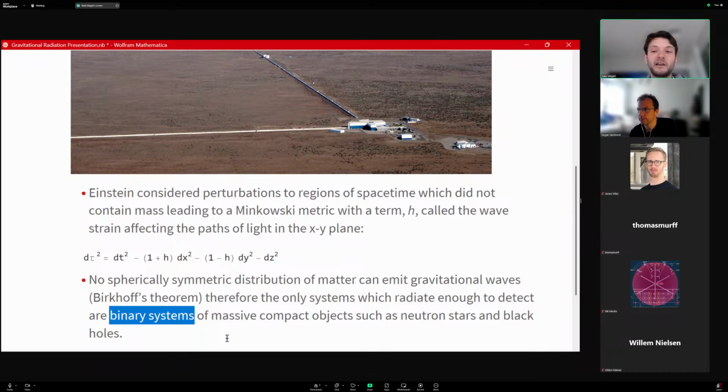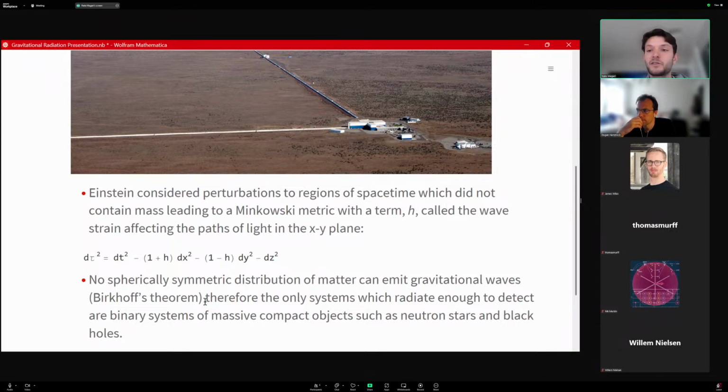And so with these binary systems, we can think about these tides as actually traveling out into the curvature of the space-time continuum. And that's essentially what gravitational waves are: this tidal energy being dissipated outward.